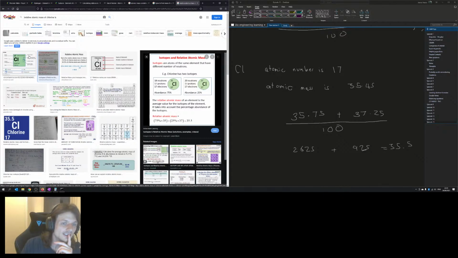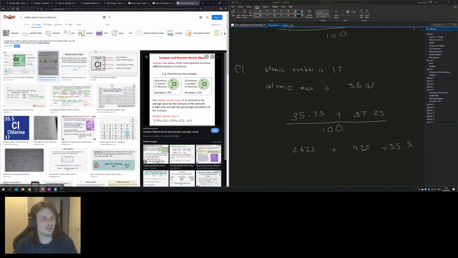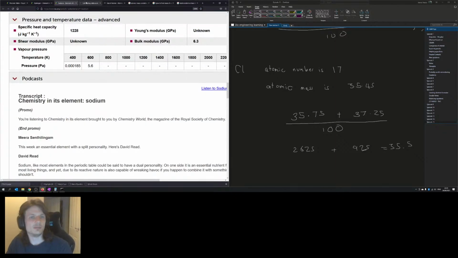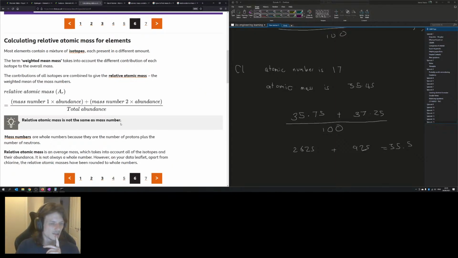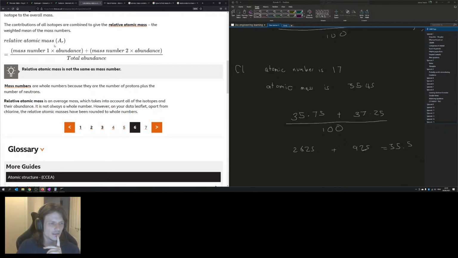Oh, I see. Now hang on. I wonder if it's because it's been rounded already, whereas the relative is the mean. It might be that. I don't like the word might, but it might be that. Okay, I think I get that.